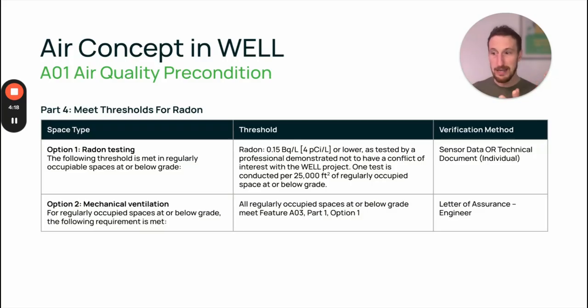That feature is a precondition, and it's essentially just saying that the building meets pretty normal standards for HVAC. So if your building meets ASHRAE 62.1, which pretty much every building will, then you will not need to measure radon. Personally, having worked on many WELL projects, I have never seen a project that actually needed to measure radon.